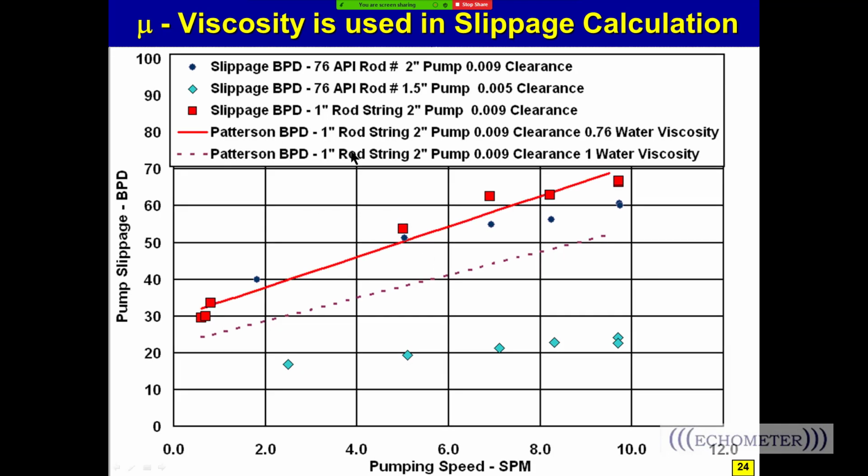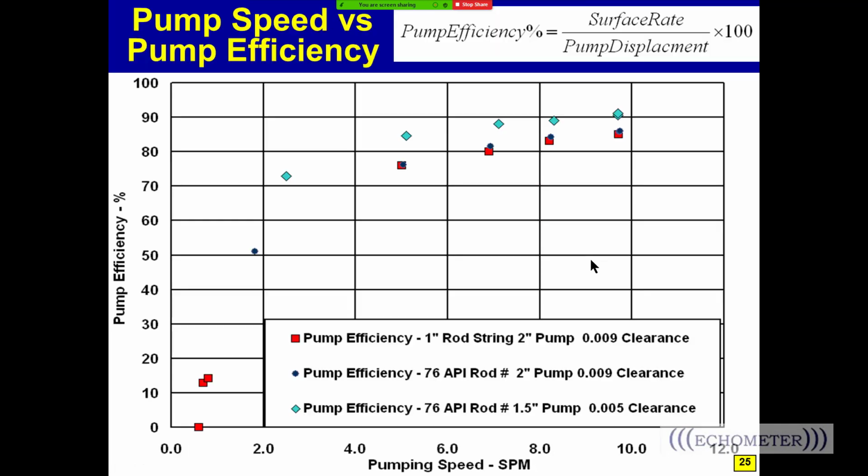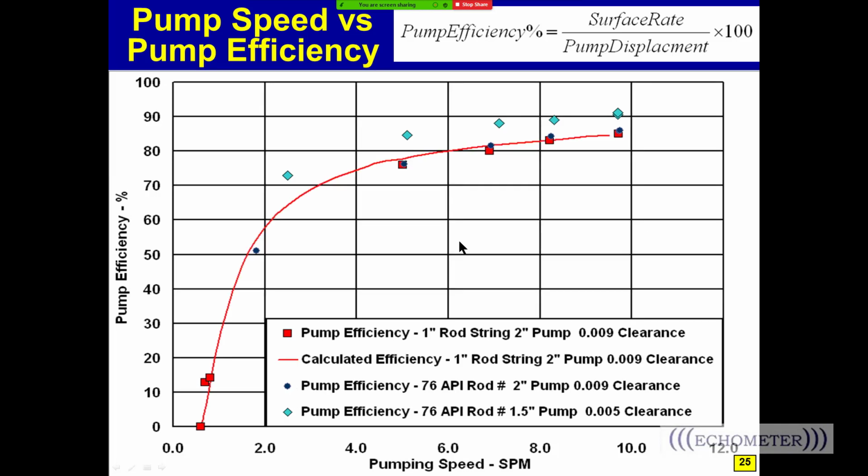And then this is adjustment for viscosity of 0.76. And this is the plot that shows that the efficiency improves as you pump faster. That's because of the turbulence between the plunger and the barrel during the upstroke that makes it more difficult for slippage to occur at high speed. So efficiency is the best as you pump faster.